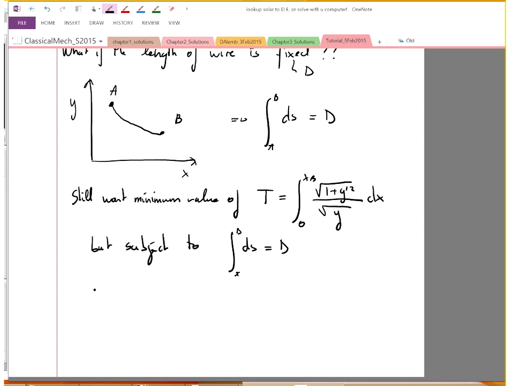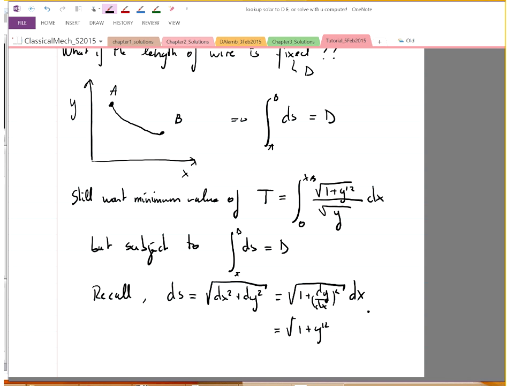So recall, first of all, ds, we need to write that in terms of y and y prime. So we had a trick in the notes in example 2.4. So ds is the square root of dx squared plus dy squared. And if I divide everything by dx squared inside of the square root and take out the dx squared, I have 1 plus dy over dx squared, dx.